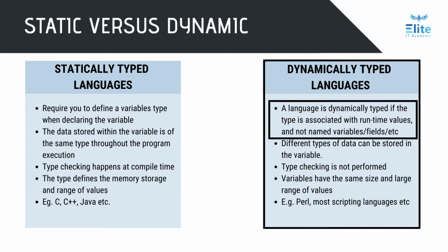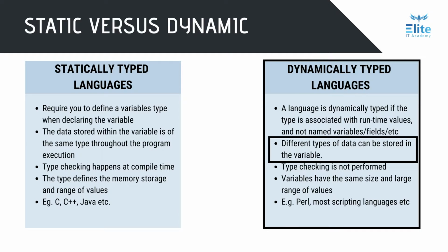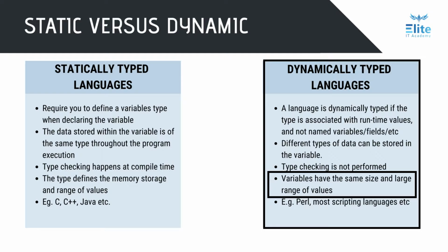In a dynamically typed language, the variable declaration does not need to declare its type. The type of data is determined when it is assigned a value. Also, the variable has a fixed size in memory depending on the type of data it stores at runtime.